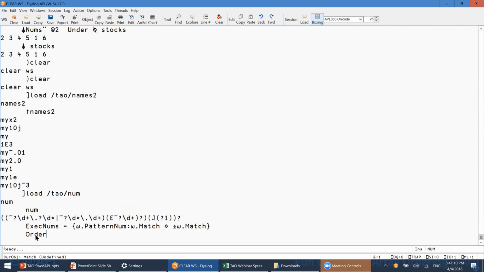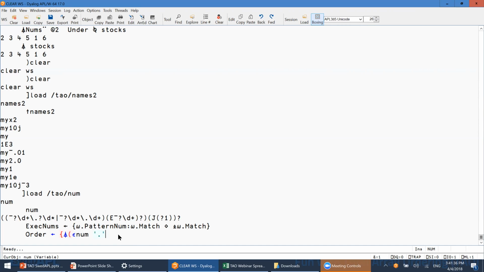Now we're going to define an order, which is going to be a grade of some data that we have pre-processed for our purposes. We're going to use this pattern for numbers and capture anything that looks like a number, but we're also going to capture anything that doesn't look like a number. So that just means any character.